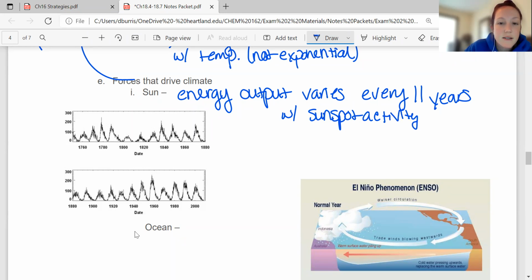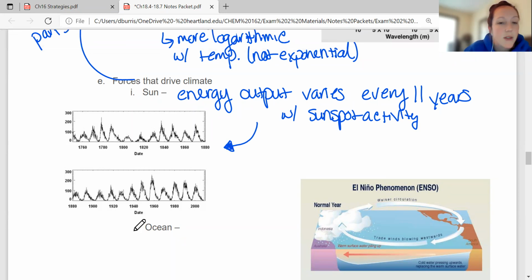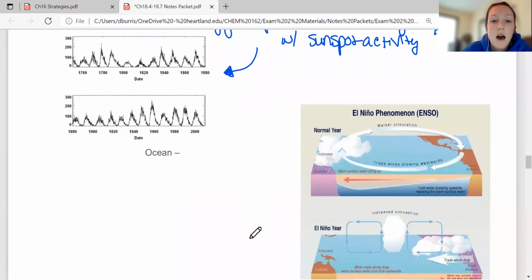That's what this graph is of. I know I cut off the axes and the title, sorry about that. But essentially we get peaks and valleys of how much energy is coming from the sun. So that drives climate change as well.